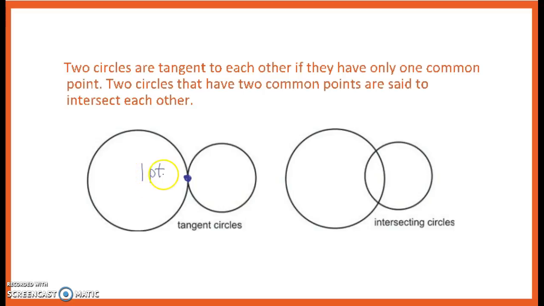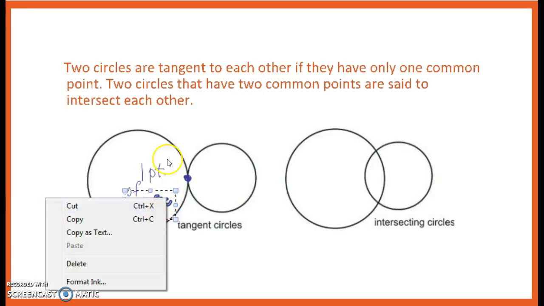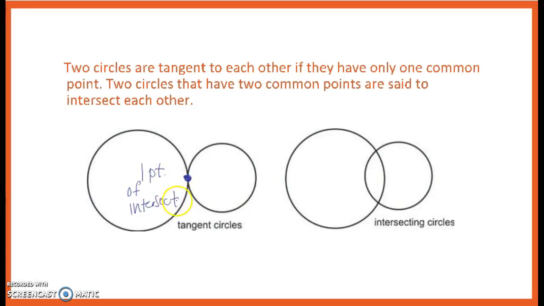One point of intersection. Over here, 2 circles that have 2 common points of intersection are called intersecting circles. So if they intersect once, they're tangent. If they intersect twice, they are overlapping or intersecting.